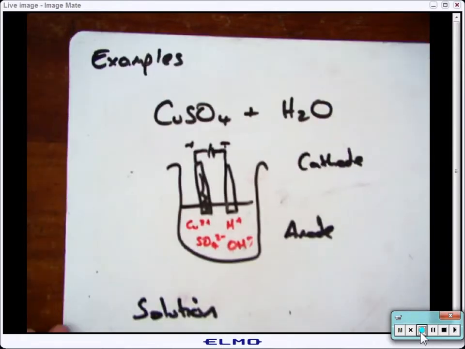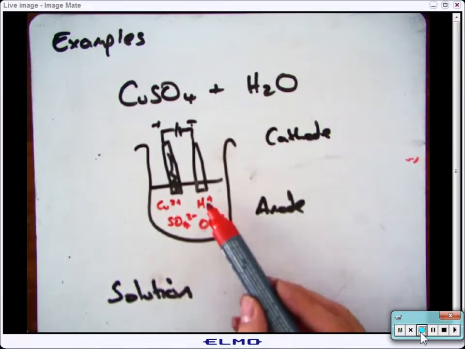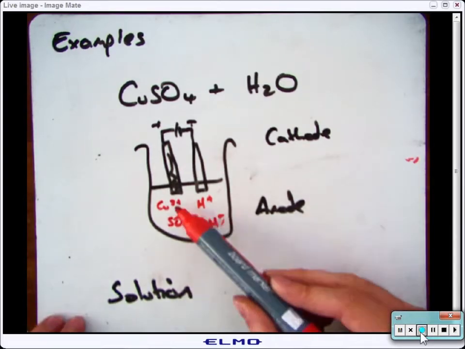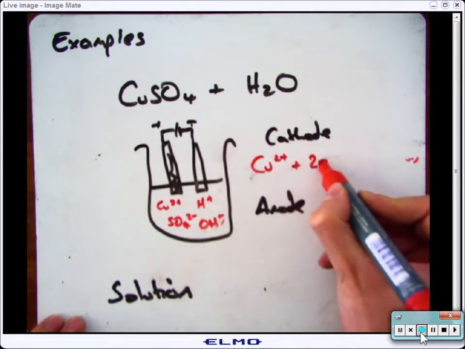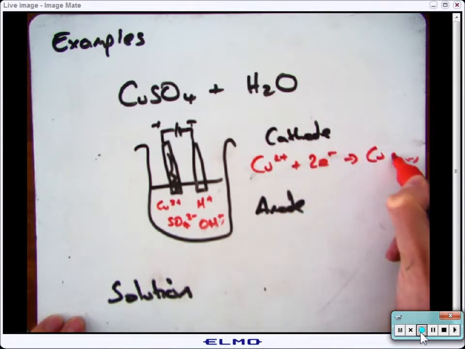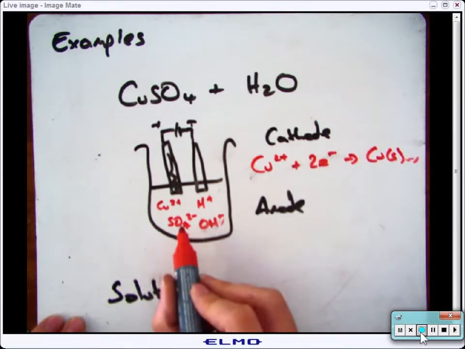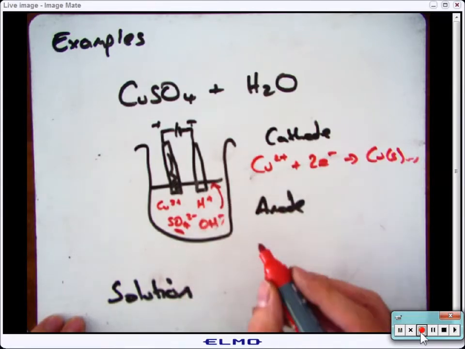The next example you need to know is copper sulfate in water. So you have Cu2+, SO4 2-, H+, and OH-. Now again, copper is the one that goes to the cathode. This time at the anode, it's again the simplest one. So because this one is more complex, the OH will go there.